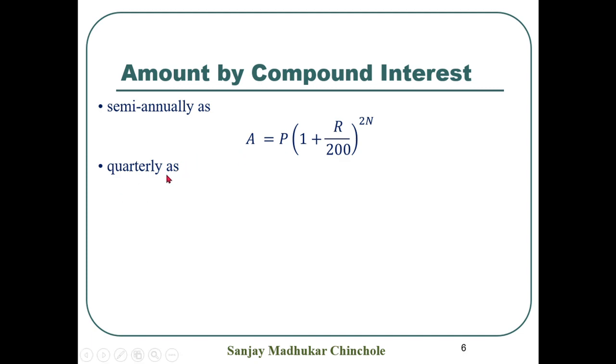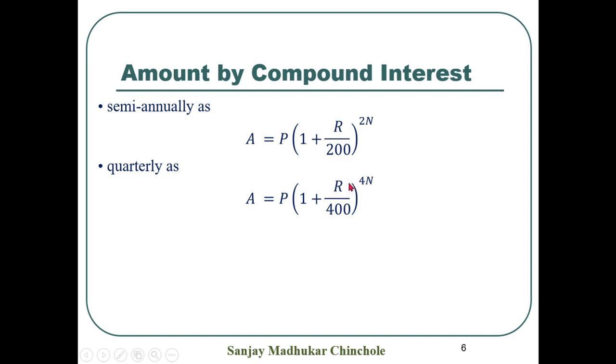Quarterly means every 3 months, and it is given as A is equal to P into bracket 1 plus R upon 400 raised to 4n, where P is a principal on which the compound interest has to be calculated, n is the number of years, and as in every year we have 4 quarters, this number of years n has been replaced here by 4n, because here compound interest is compounded quarterly. 4n quarters are there in n number of years.